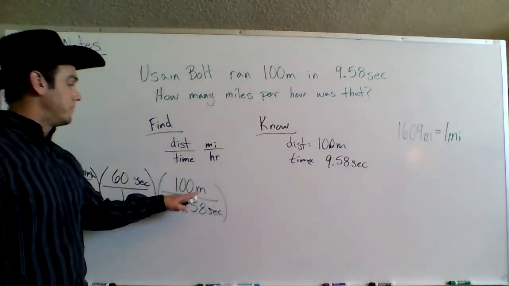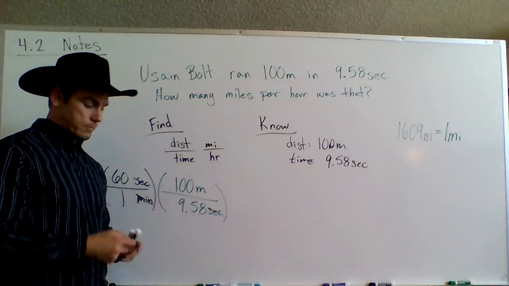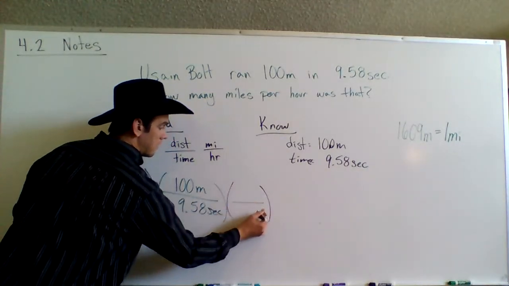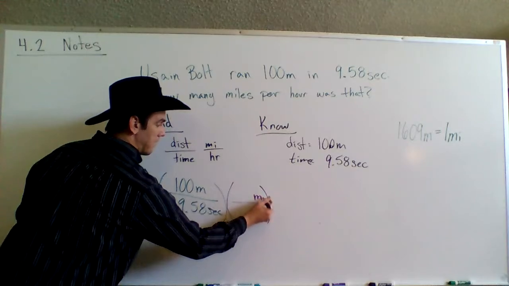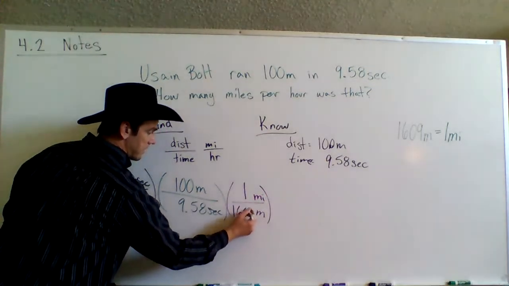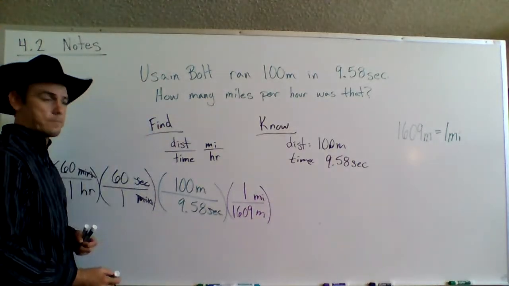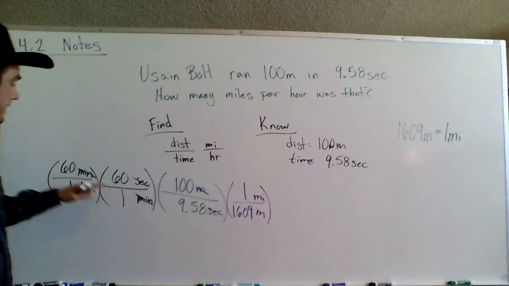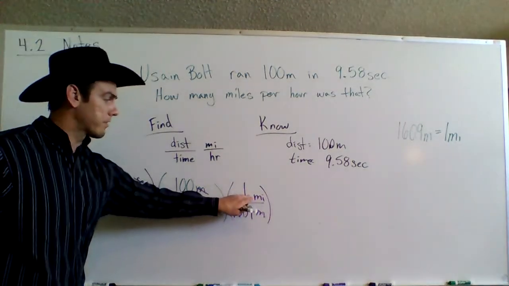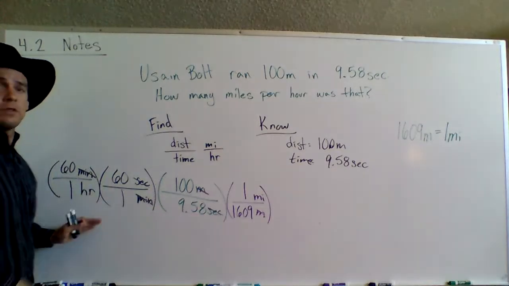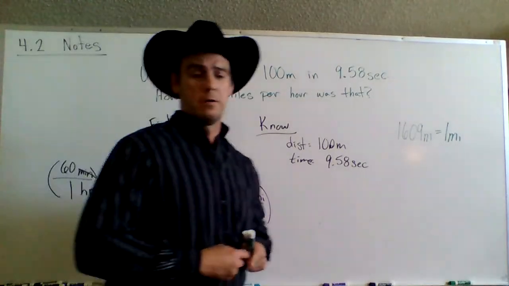So if I want meters to cancel here, I'm going to need to put meters on the bottom now, miles on top. I know that 1 mile is 1,609 meters. Meters cancel. Let's just double check this works out. On top, my units are miles. On bottom, my units are just hours. So this will give us miles per hour.